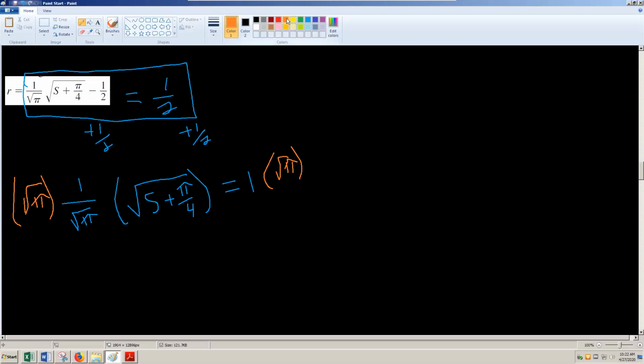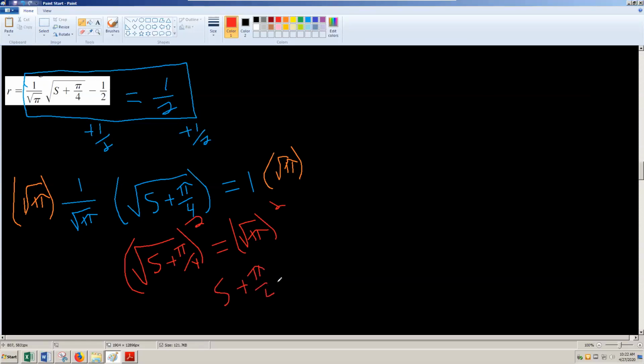So now on the left side, I'm left with my root of s plus pi over 4. It's going to equal square root pi. From here, I'm going to square both sides. So square this, square that. I am left with s plus pi over 4 equals pi.